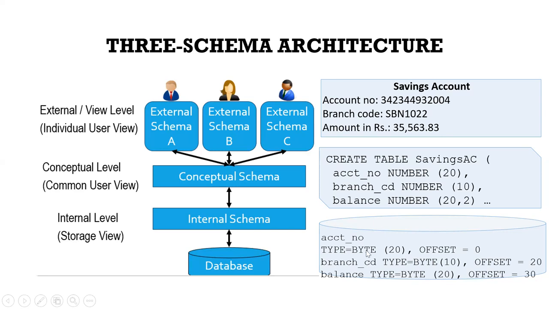In what format the account number will be saved, and what the starting address and ending address are, mentioned with the offset, and what the balance amount is, also mentioned with the byte, with a starting address and ending address. So this is the three schema architecture. From the slide, you can clearly understand it.